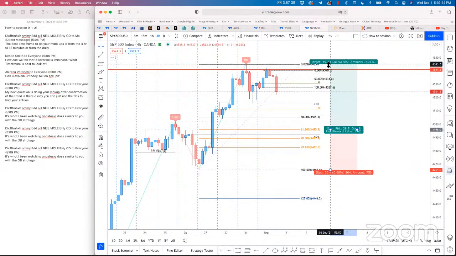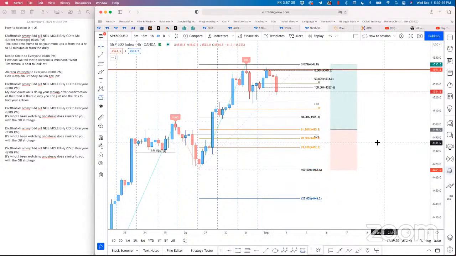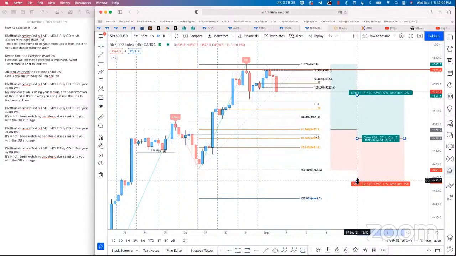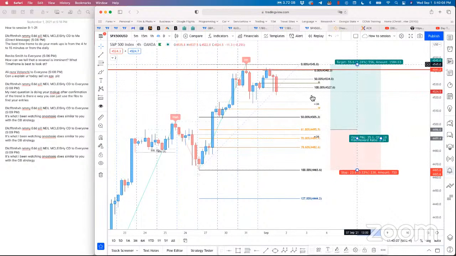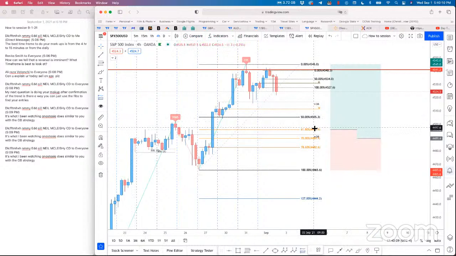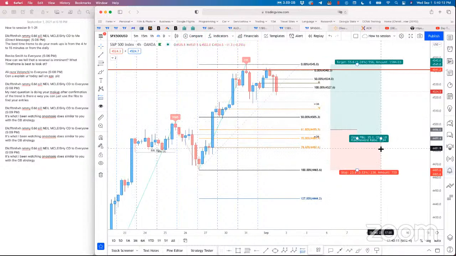My first area I will look to target is here. My next order would be here. Stop loss still here. Still at least trying to get back to the high. Third and final level I would take 786.